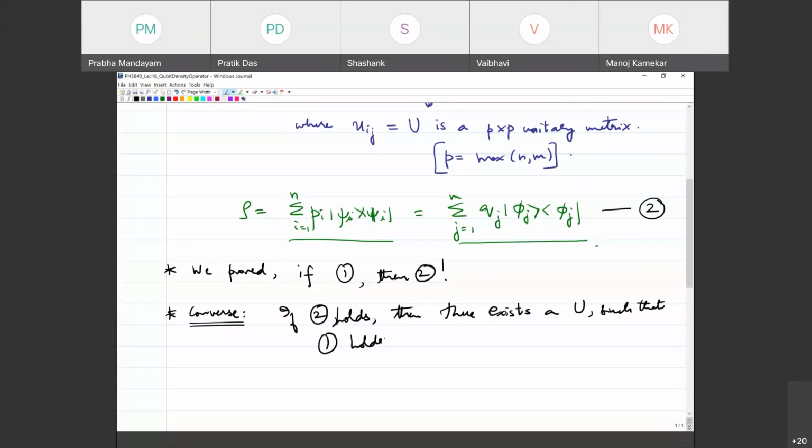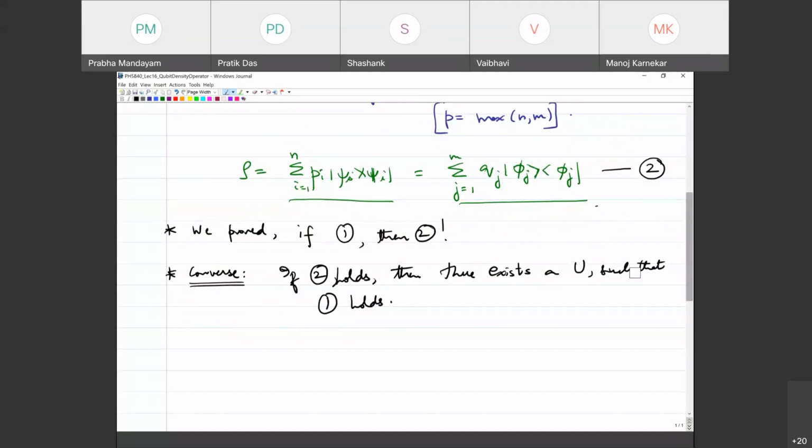To prove this, I'm just going to indicate the outline and will leave the details for you to do in an assignment. Okay, so there exists a U such that 1 holds. So how do we show this? The route to showing this, the main proof strategy here, is to go to the diagonal representation.